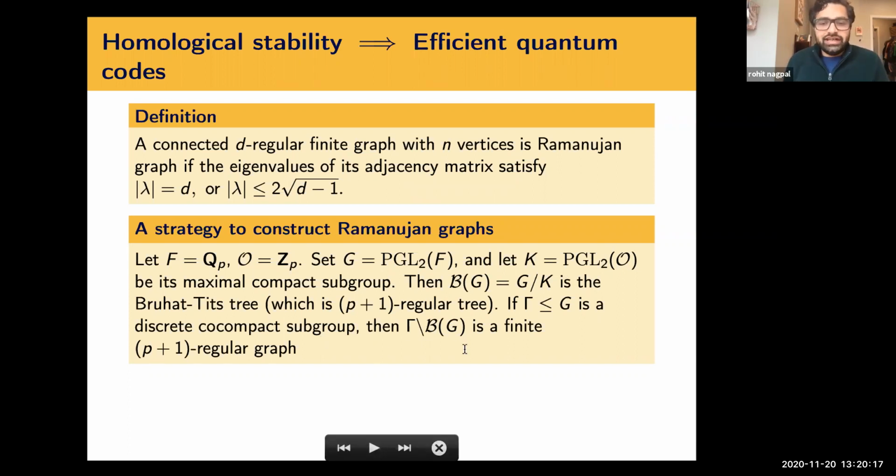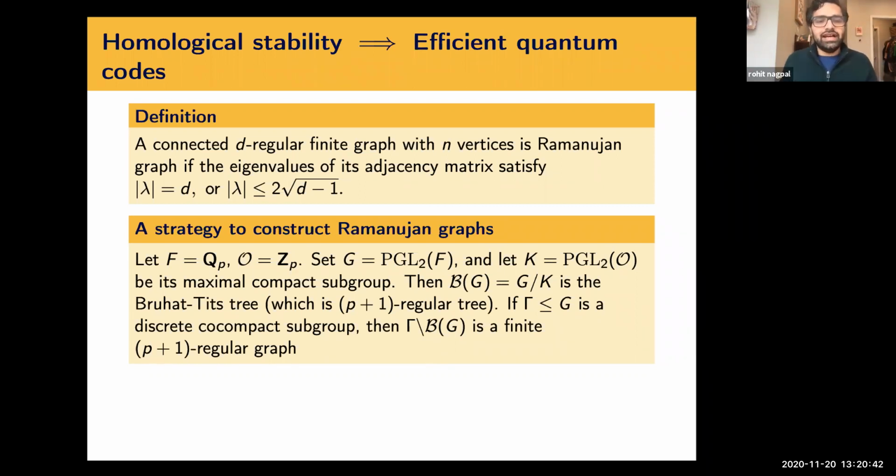So it's already giving you a way to think about regular trees, but now we want something finite because Ramanujan graphs have to be finite. So you take a discrete cocompact subgroup and mod out by its action on this Bruhat-Tits tree. And what we get is a finite (p+1)-regular graph.